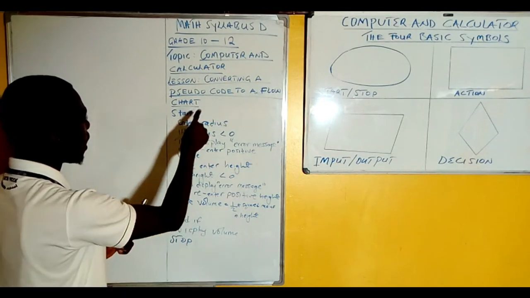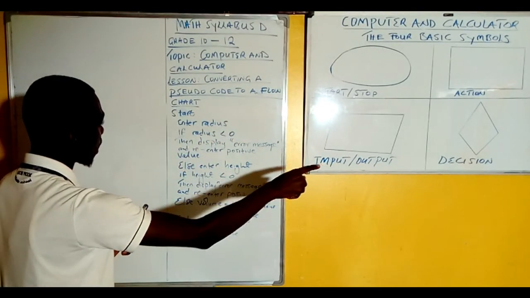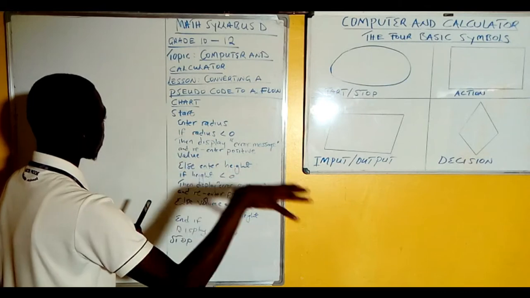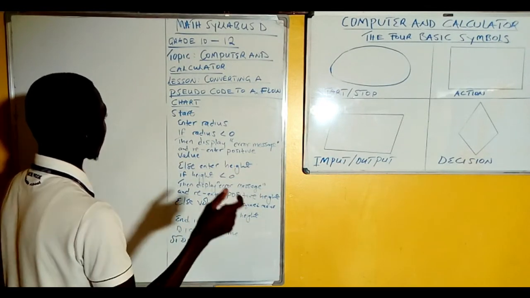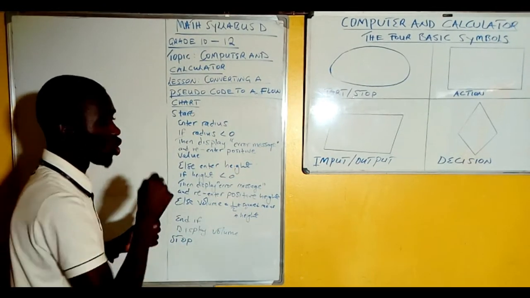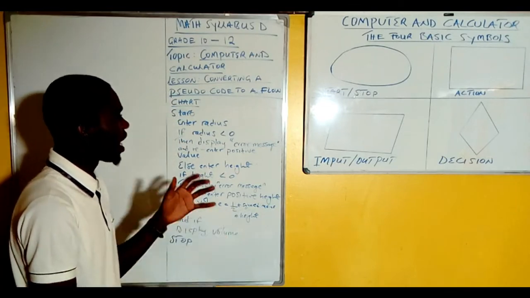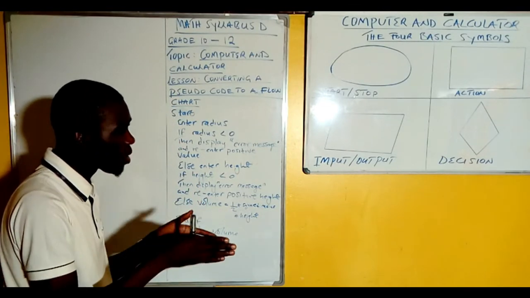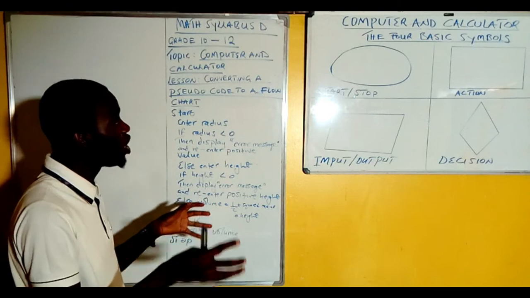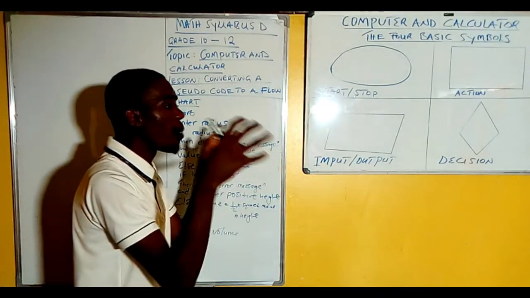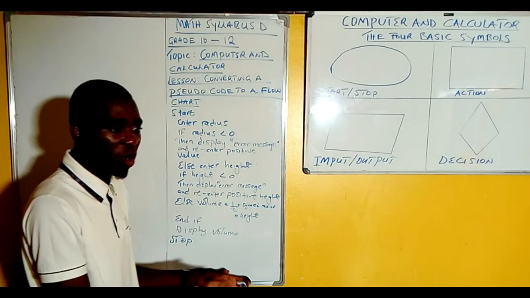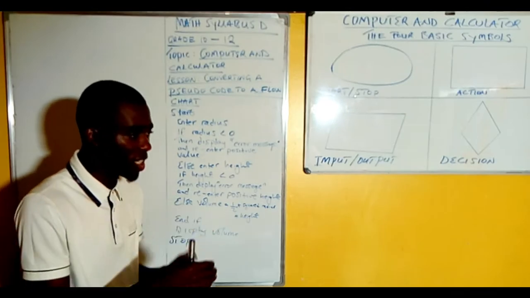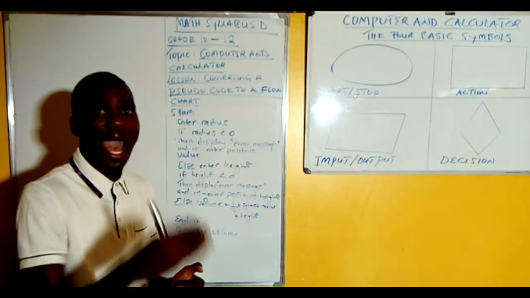We also have to understand what a pseudocode is. A pseudocode is simply a step-by-step set of instructions that can be used to program a code, or in simpler language, a step-by-step instruction that can be used to perform an action.